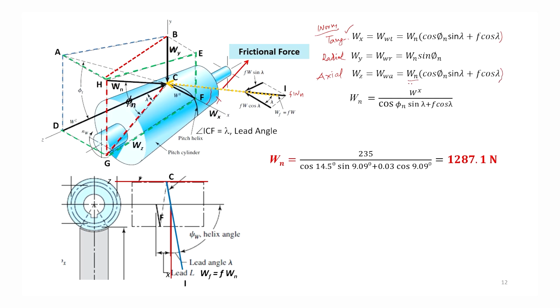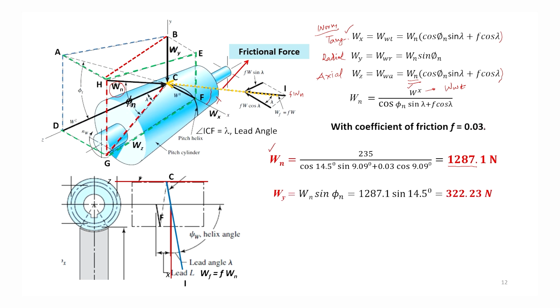And so, the normal force Wn, this one, is equal to Wx, the force acting in the direction of x, divided by (cos phi n sin lambda plus f cos lambda). Now, knowing the component of force acting in the direction of x, which we determined previously, WT, Wx is 235 Newton, and so Wn is given by 1287.1 Newton. Now, with the coefficient of friction f equal to 0.03, we will find the other components.